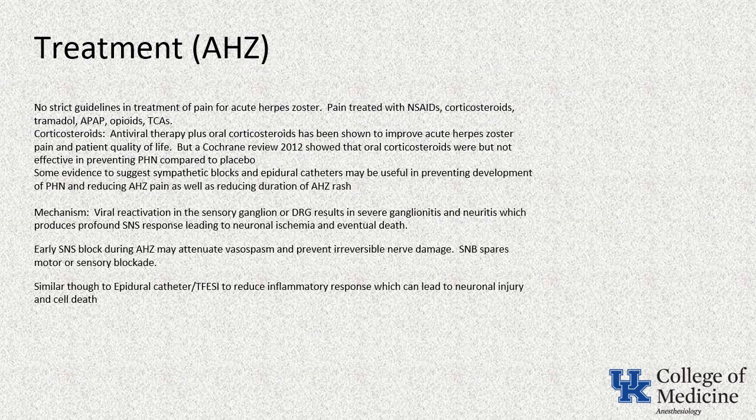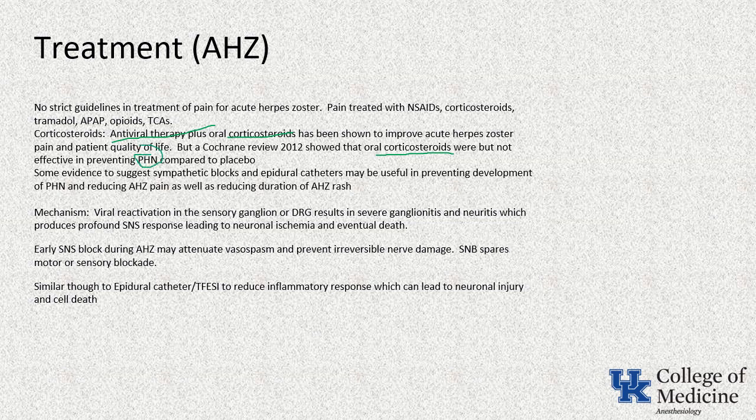There's no strict guidelines for treating the pain of shingles. NSAIDs, steroids, Tylenol, TCAs, anti-epileptic drugs, sometimes opioid pain medications. So antiviral therapy, so say Valtrex with steroids, has been shown to improve acute herpes zoster pain and quality of life, but oral corticosteroids do not prevent this leading into postherpetic neuralgia.